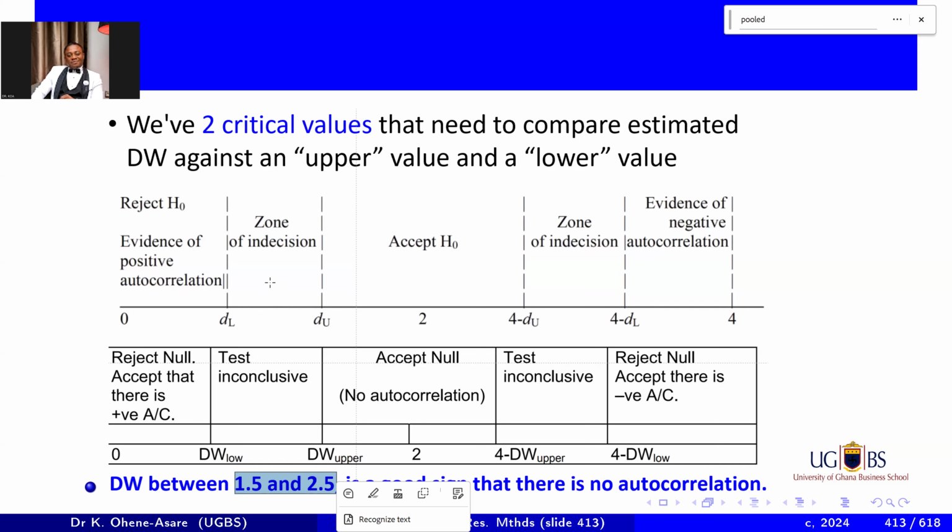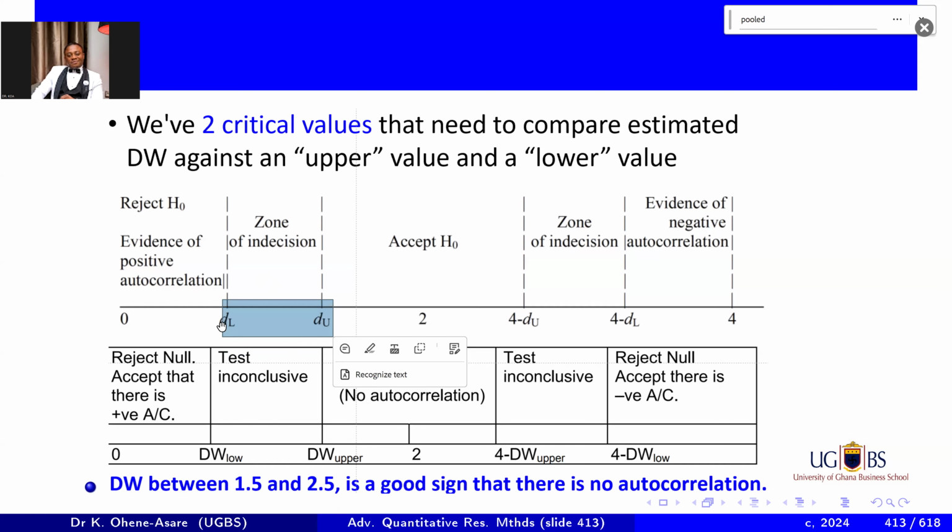In fact, that's the best judge, because it's actually between dL and dU. The dL is the lower bound, the dU is the upper bound. And anytime it falls here, it's a zone of indecision. So the test is inconclusive. We cannot fully say that there is autocorrelation or that there is no autocorrelation.